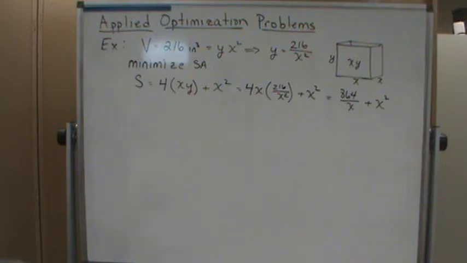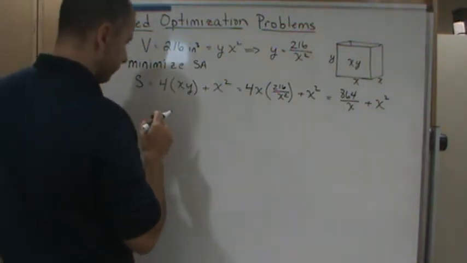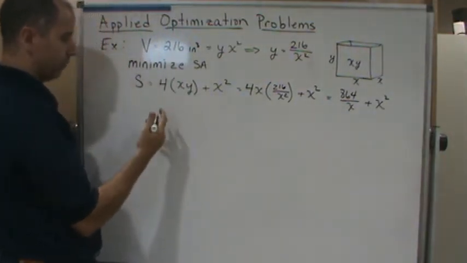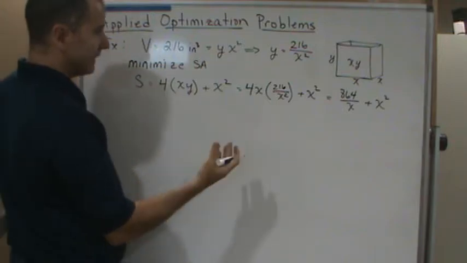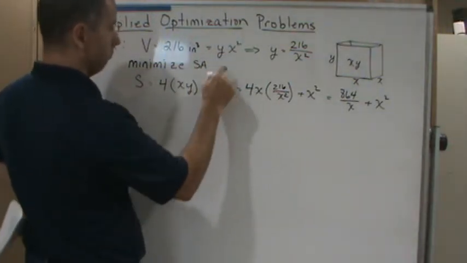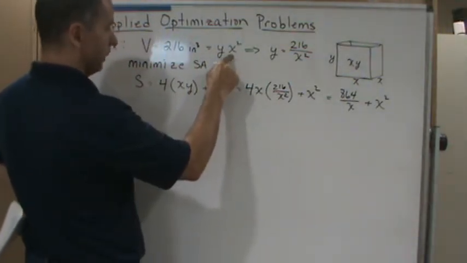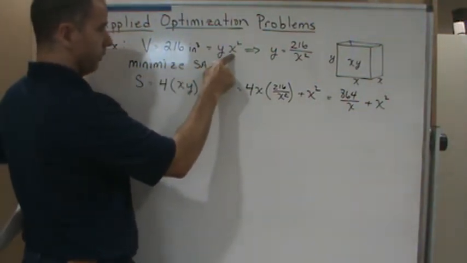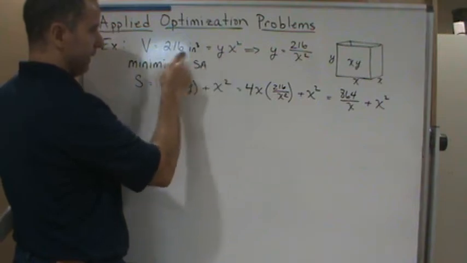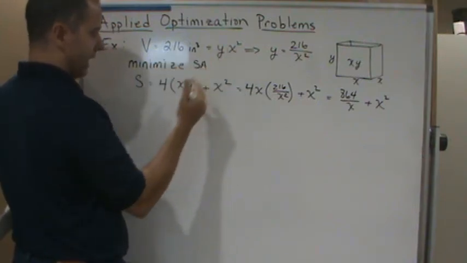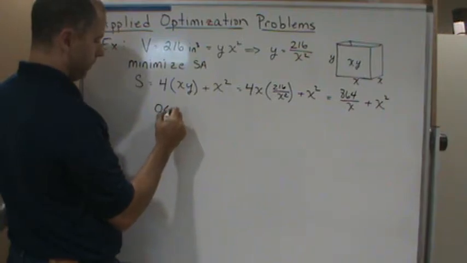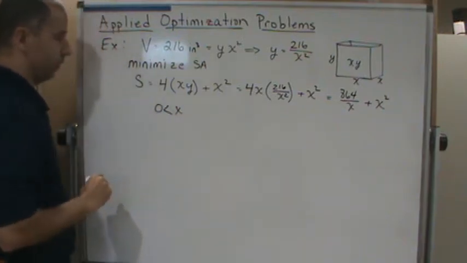Now, a couple of things to consider. What about x, the domain of this thing? Well, x can't be 0, because the volume is positive. So x has to be greater than 0.